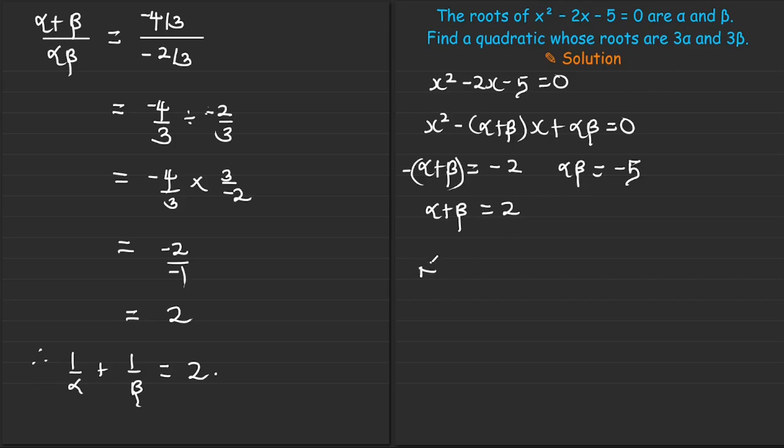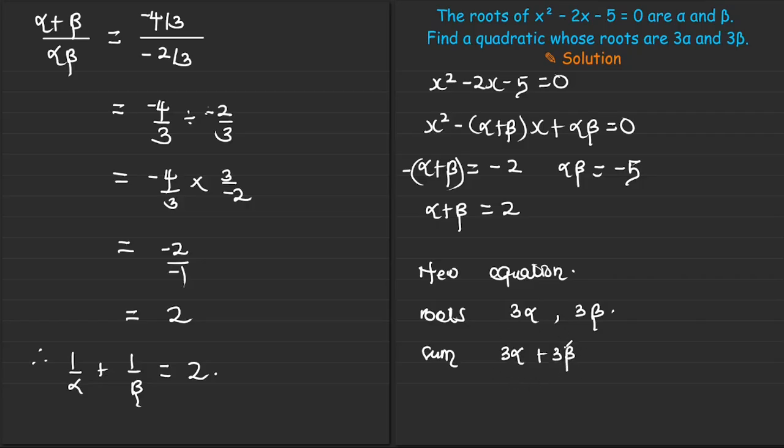So for our new equation, its roots are what? 3 alpha and then 3 beta. If we are to find the sum of the roots, then the sum of the roots is going to be 3 alpha plus 3 beta.